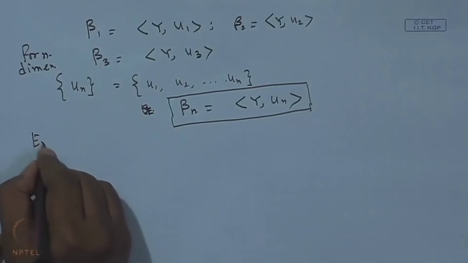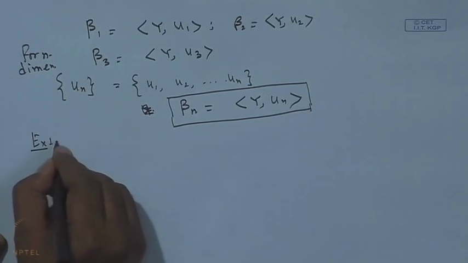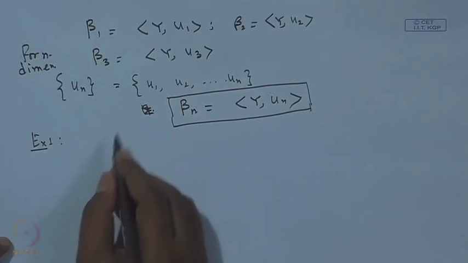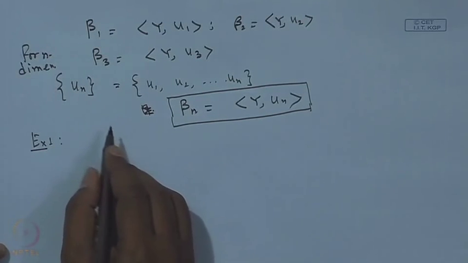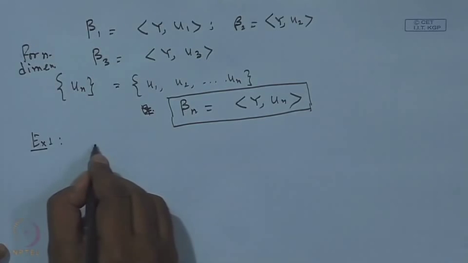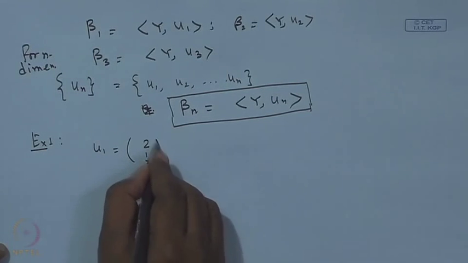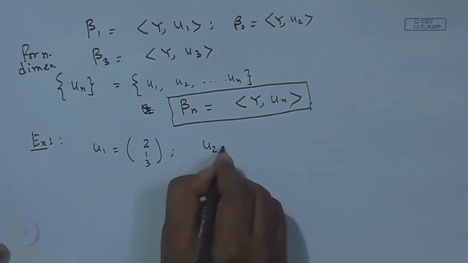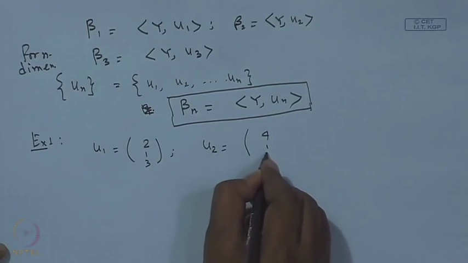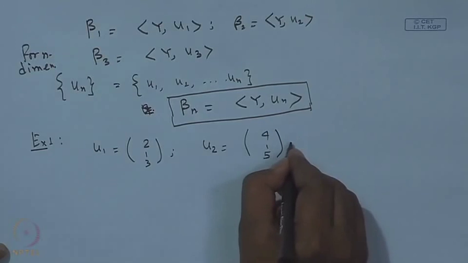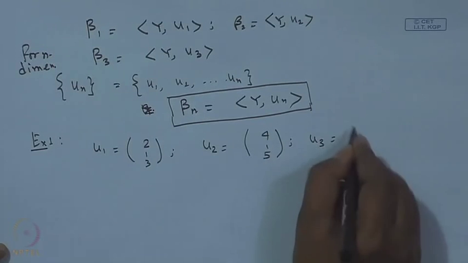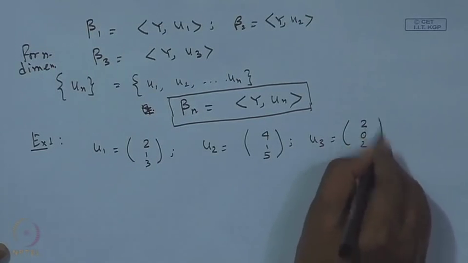So, first example. Suppose 3 vectors are given: u1 is (2, 1, 3), u2 is (4, 1, 5), and u3 is (2, 0, 2).